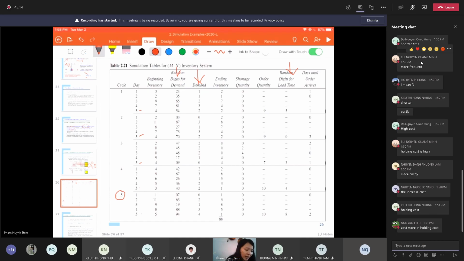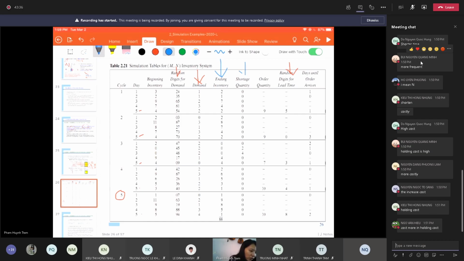So we have to look at the average inventory in our store, as well as whether we observe any shortage along the period or not. We will monitor the inventory level and the shortage. We want to see with that inventory, is there any shortage or not?